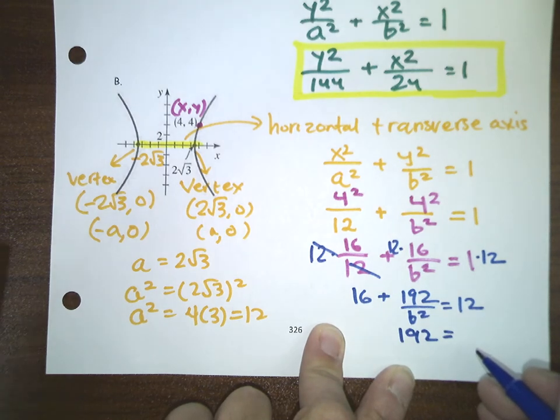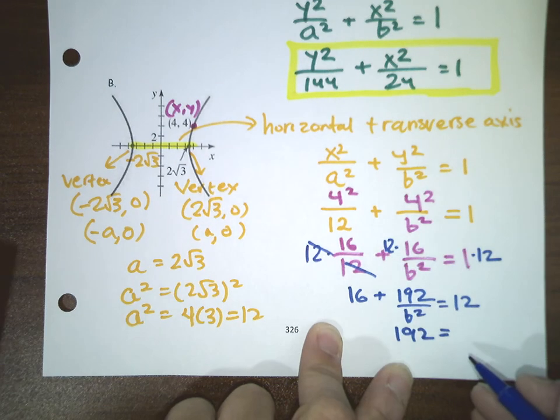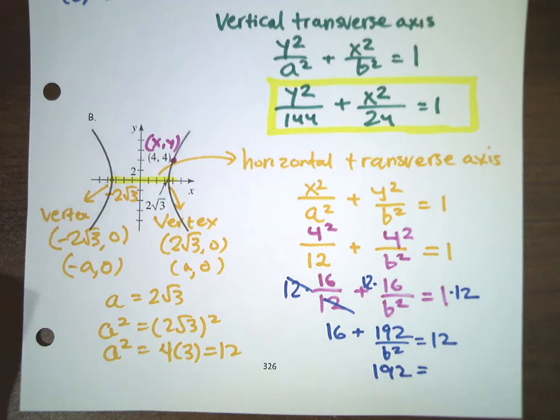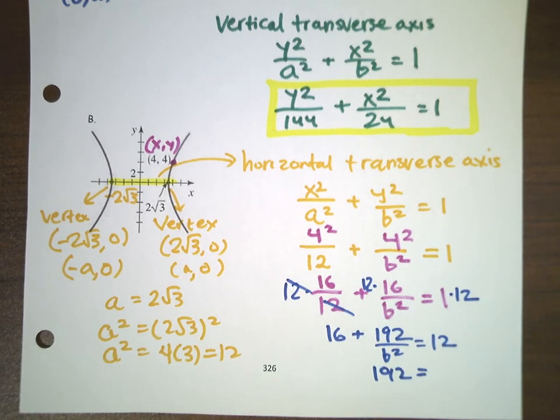Honestly, now that I'm seeing this, something seems strange about this. It doesn't seem like it can be right, because as you can see here, this will end up being some negative number, right?